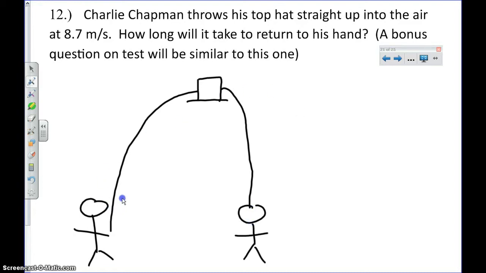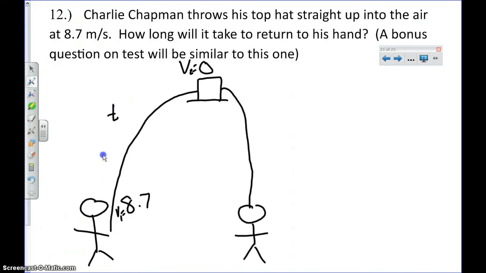So when it leaves his hand, it's going at 8.7 meters per second, and at the top it's going 0 because it's stopped, right? V2 equals 0. V1 equals 8.7. And I want to find the time here.